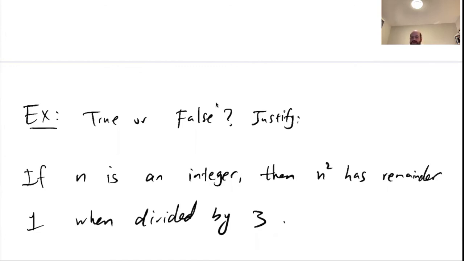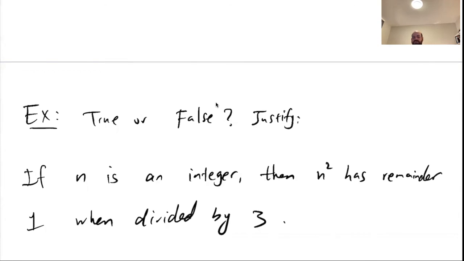And then I have to look at n squared, whether it has remainder 1 when divided by 3 or not. The very first integer I can consider, let's say n equals 1. If n is 1, then n squared is 1, which has remainder 1 when divided by 3. Let's look at another case, for example, n equals 2. Then n squared will be 4, which also has remainder 1 when divided by 3.